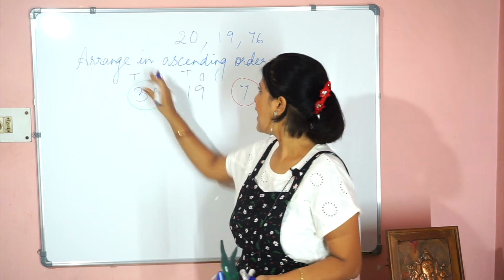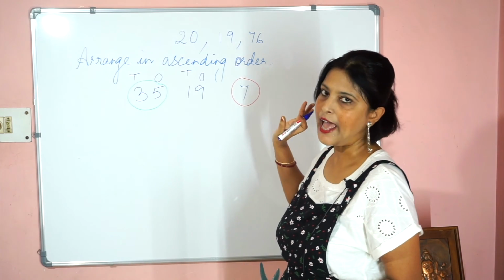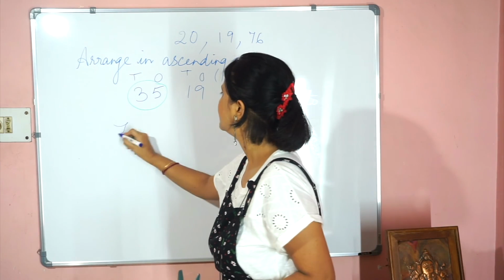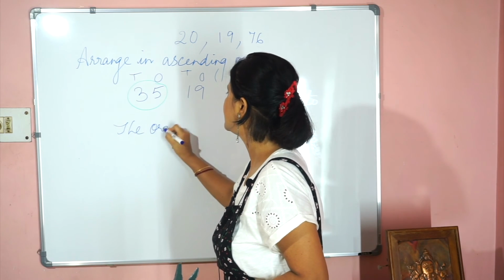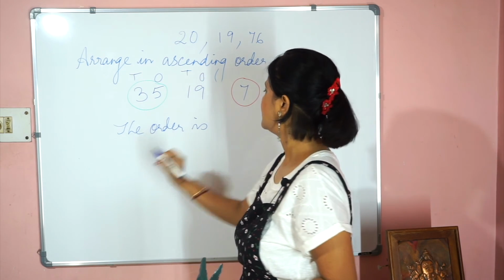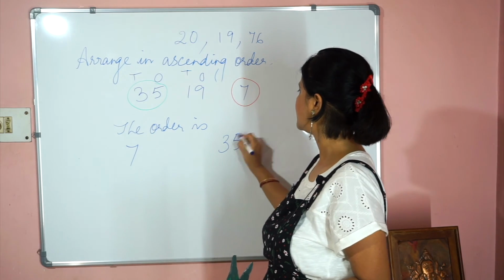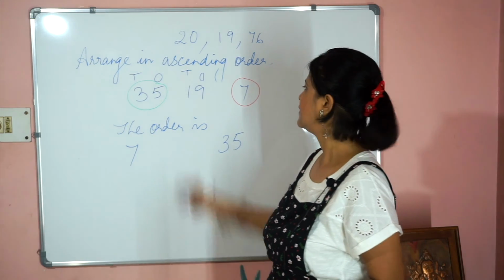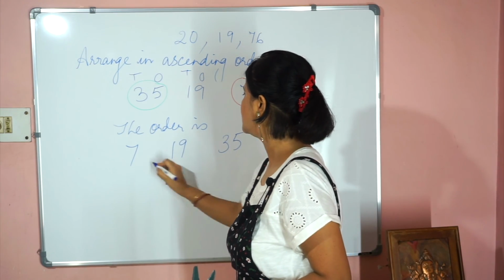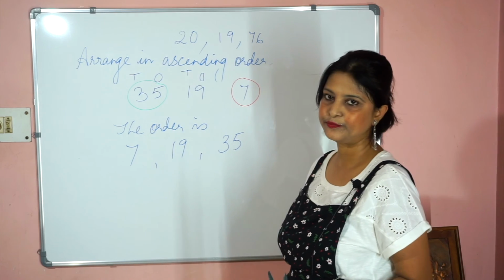So, as I am supposed to arrange in ascending order, the order is the smallest number comes first, the largest or the biggest comes last. Left out number is 19. So, this is the order.